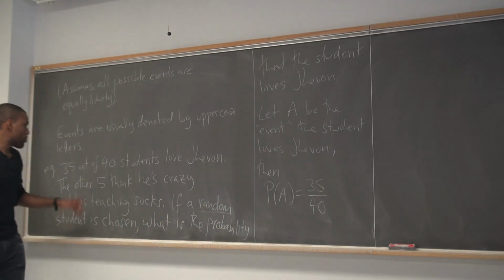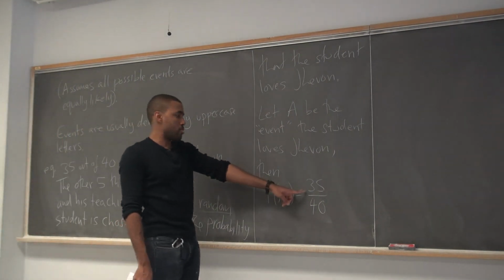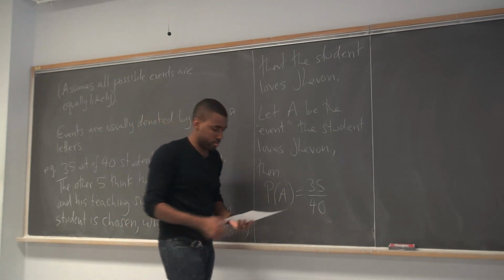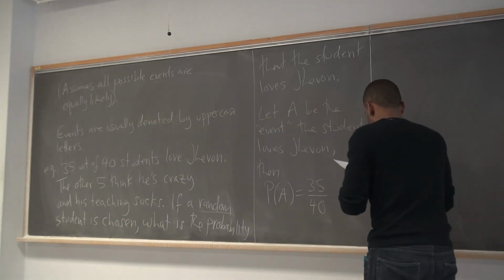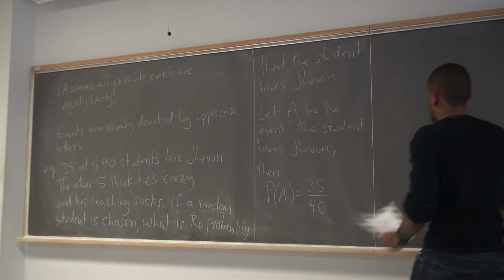Because this is the number of ways what you're looking for can happen. There are 35 students who possess the property that you're looking for, and the total possibilities are 40 students, because you're choosing from this class. Within context, only 40 people exist in your universe. 35 of them have a property that you want to look for. And so the probability of that property occurring is just 35 out of 40.